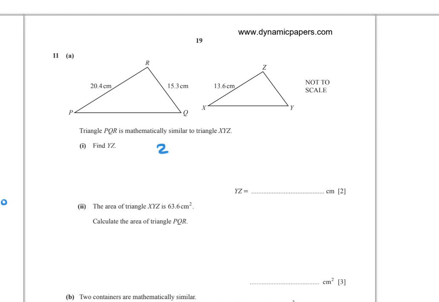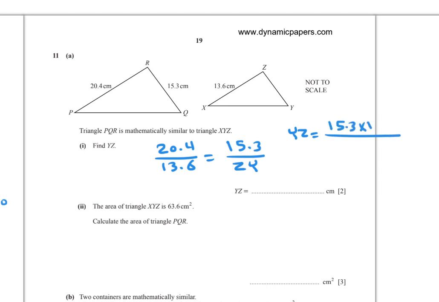So 20.4 over 13.6 equals 15.3 over ZY. So YZ, or ZY, equals 15.3 times 13.6 divided by 20.4 equals 10.2.